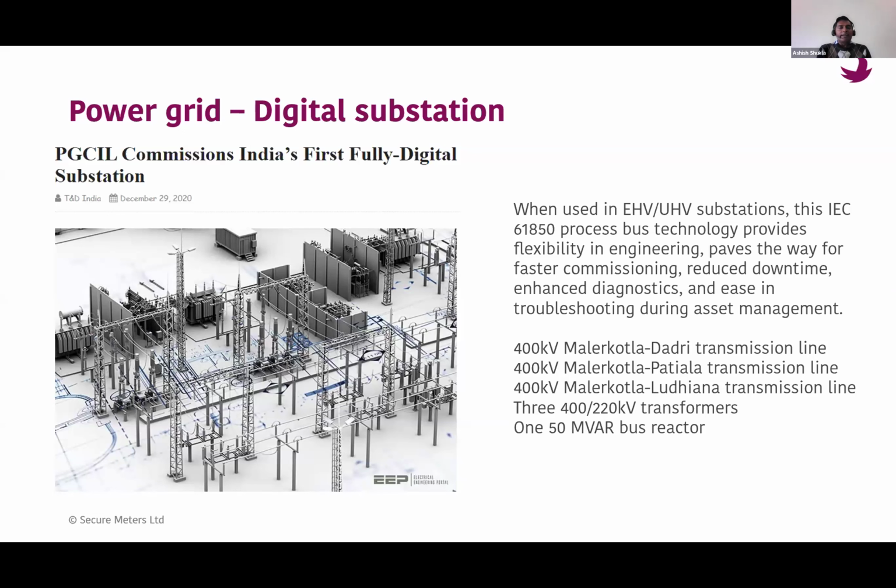So basically you are saving cost by reducing the copper wire. And since it's digital, you can have more and more data points. And as I told you, if you have more and more data points, you can do diagnostics, troubleshooting, asset monitoring, and a lot of things around that. So that was the whole objective.